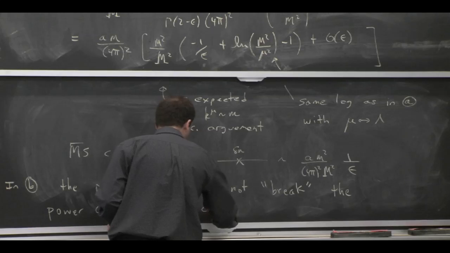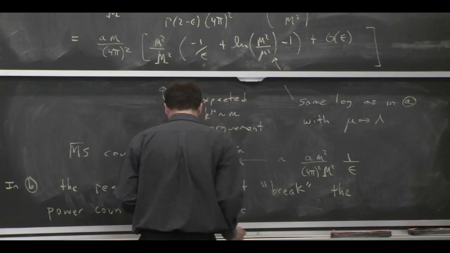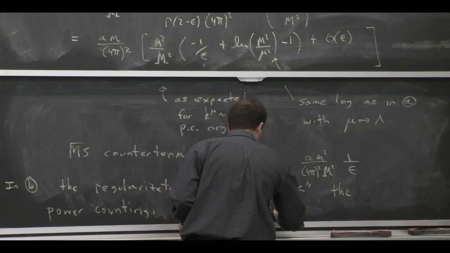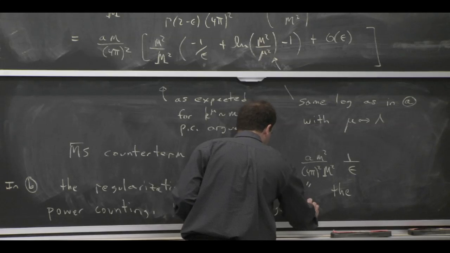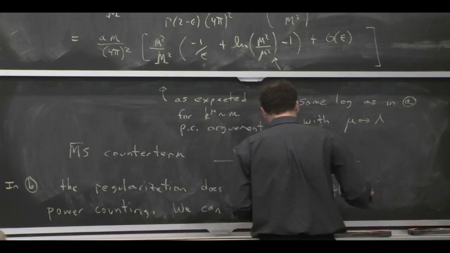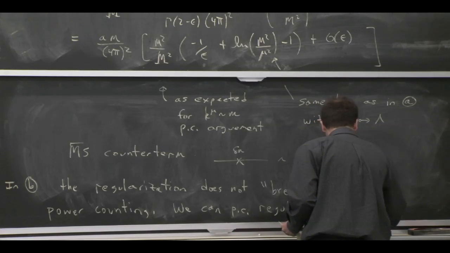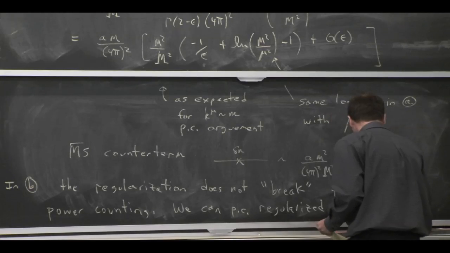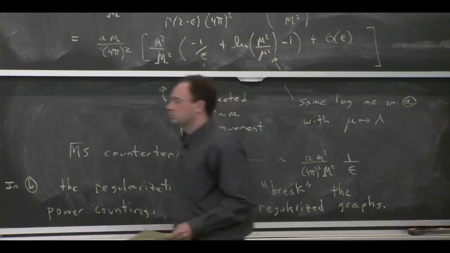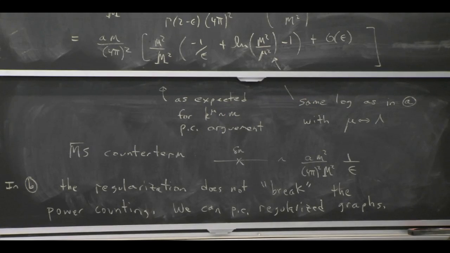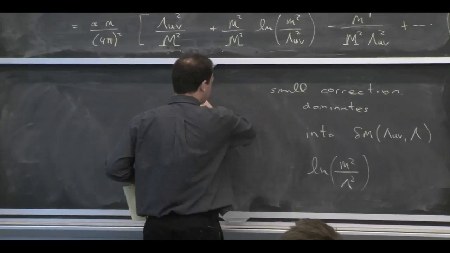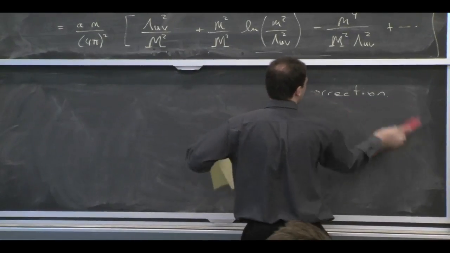Which means that you can do power counting for regulated graphs prior to renormalizing them. But you can see that in case A, that would be problematic, because our naive power counting wouldn't have given us the right result.